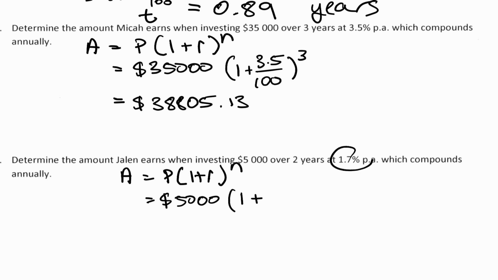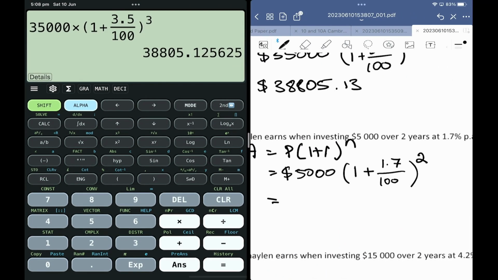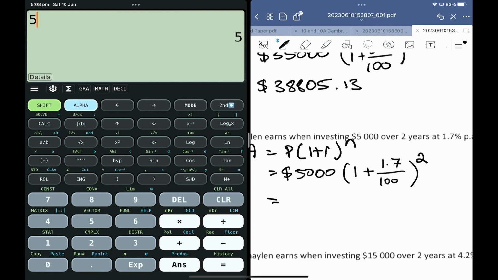The rate is 1.7 over 100. And it is 2 years. All right. Entering that into the calculator, we get 5,000 times 1 plus 1.7%.